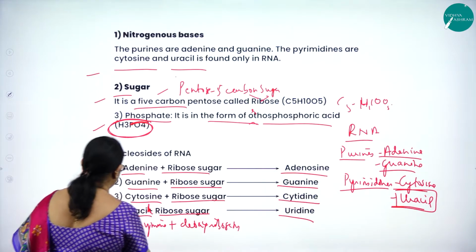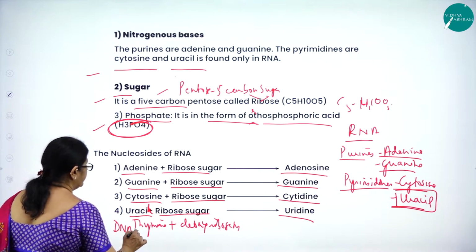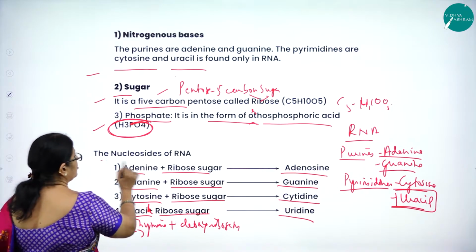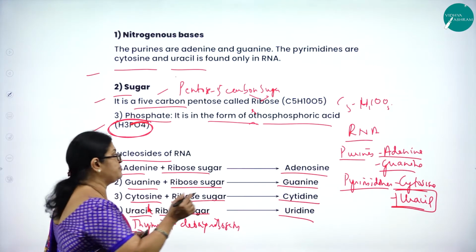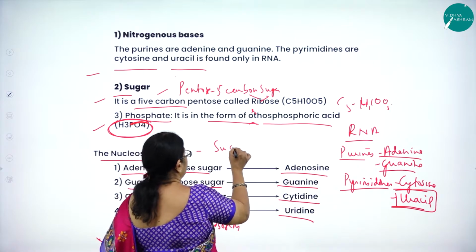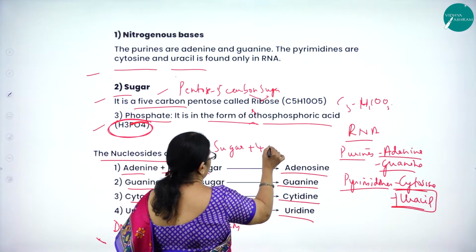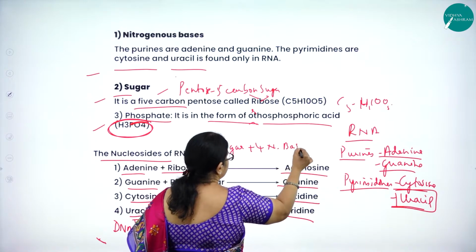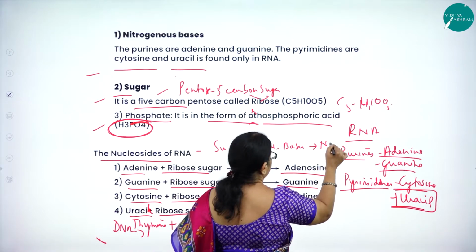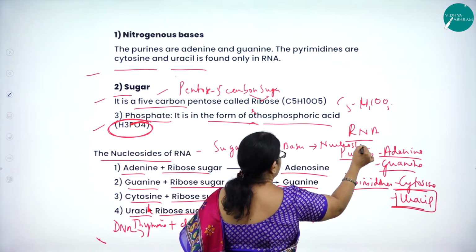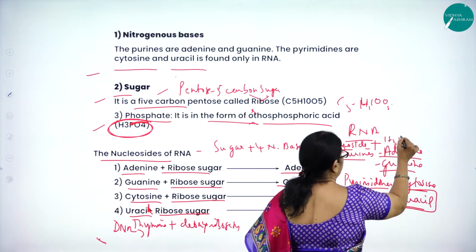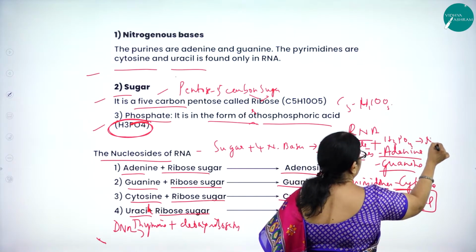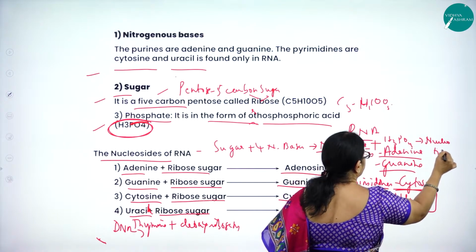See the difference here. What is a nucleoside? Sugar plus nitrogenous bases forms a nucleoside. Nucleoside plus H3PO4 forms a nucleotide.